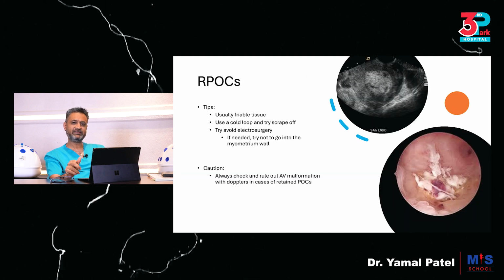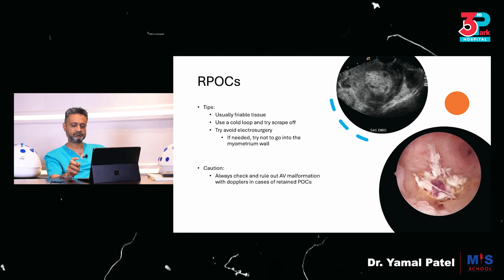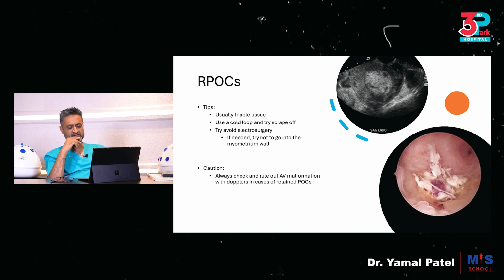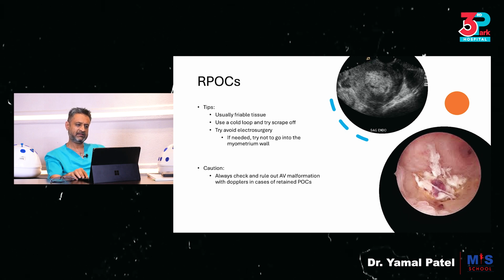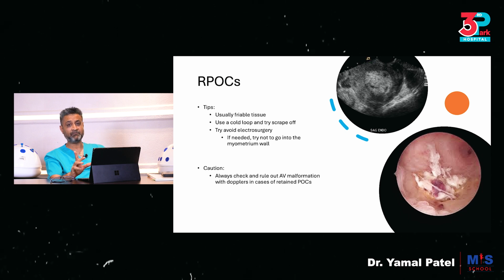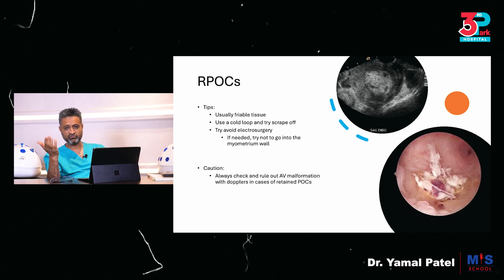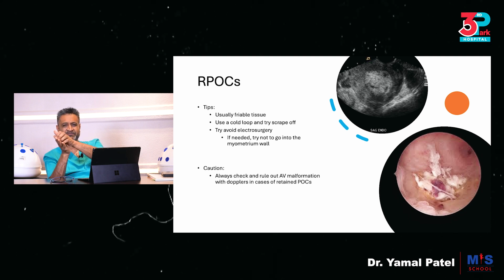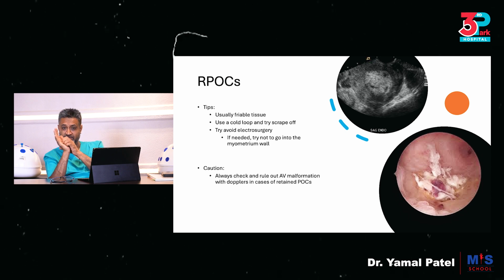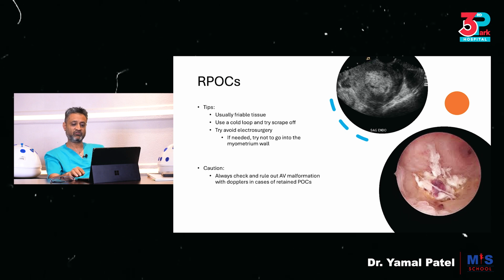Let's go to retained products of conception. Retained products of conception are usually very friable tissue, and using a cold loop to scrape them off is probably better than using electrosurgery with energy, because you're likely to damage the endometrial lining, including the basal layer, and probably go even into the myometrium, and that could be a problem.